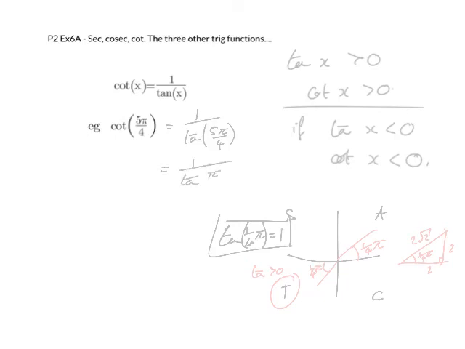So it's the positive version, 1 over 1. So we've evaluated it as 1. And we are done. We're ready to go. So go and answer some of the questions from exercise 6A, the highlighted ones. Thank you.